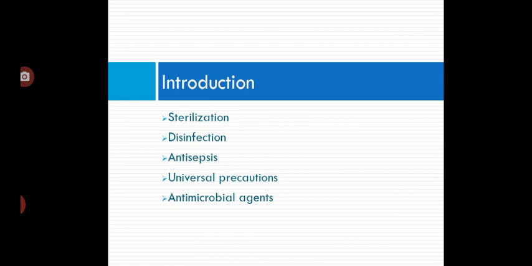Asepsis is the practice of using antiseptics to eliminate the microorganisms that cause disease. Antiseptics are chemical disinfectants which can safely be applied to living tissues and are used to prevent infection by inhibiting the growth of microorganisms.